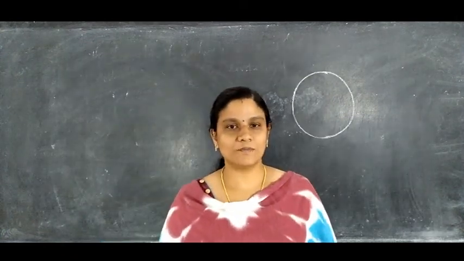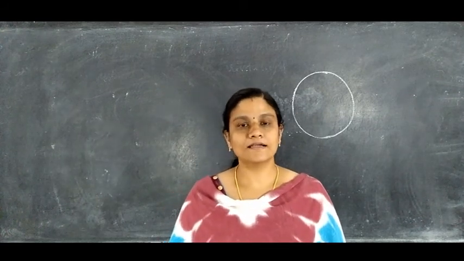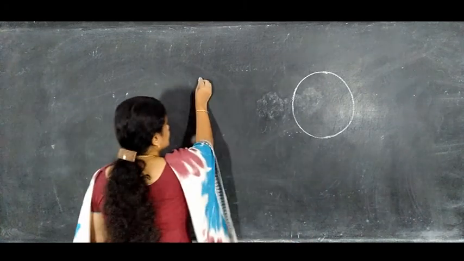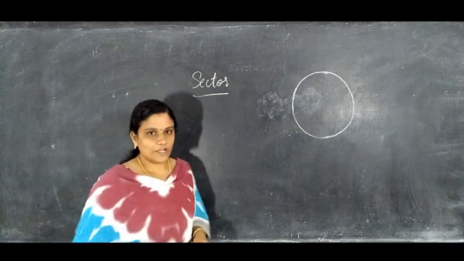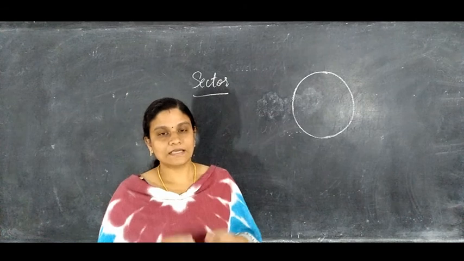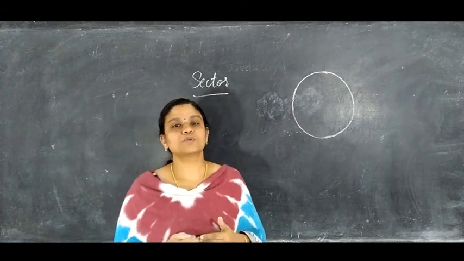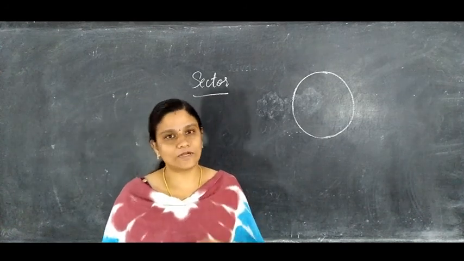Moving to the next topic, as I told you, there are two special parts of a circle. They are sector and segment. So first of all, we will see what is sector of a circle. You have learned this last year. So what is sector? It is the part of a circular region between two radii and the corresponding arc.